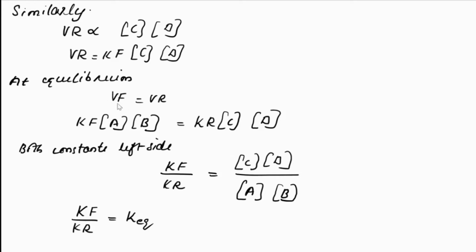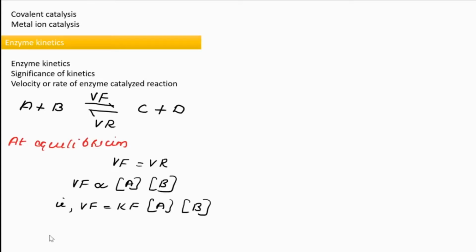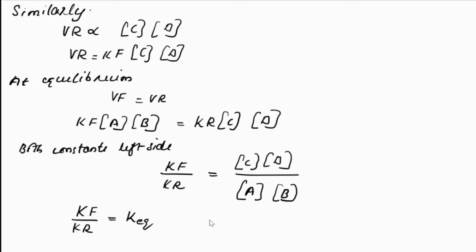Then at equilibrium, we can write this equation in this form. We know that Vf is equal to Kf times the product of the concentrations of A and B, that is the substrates or reactants, and this is equal to Vr.